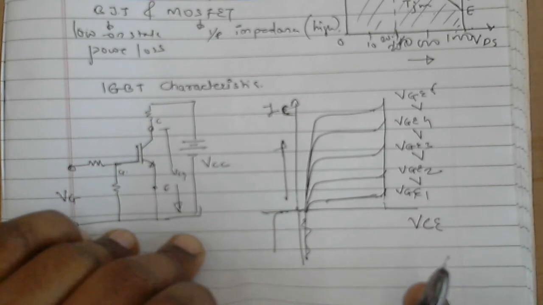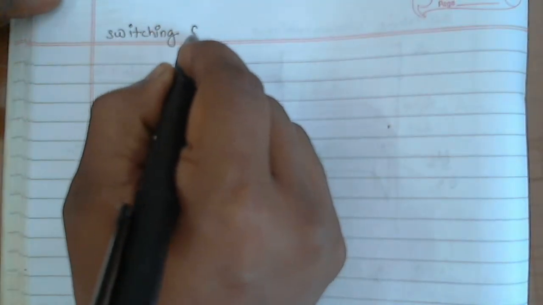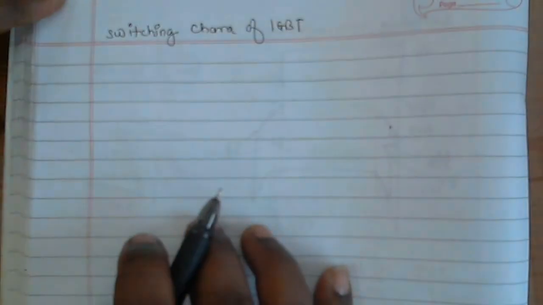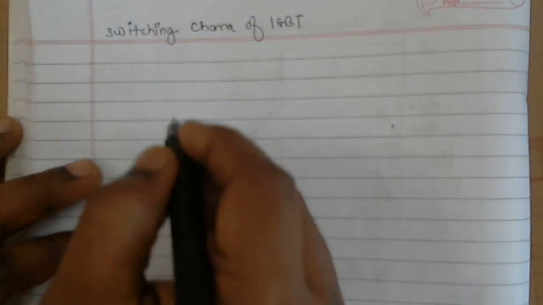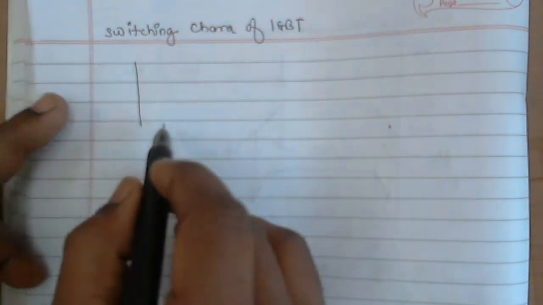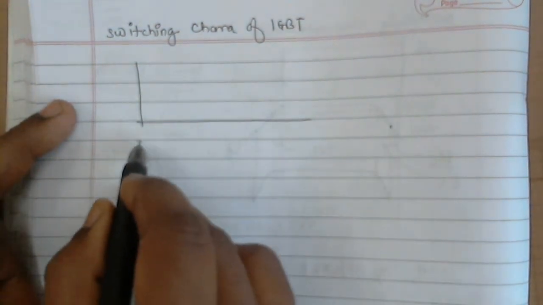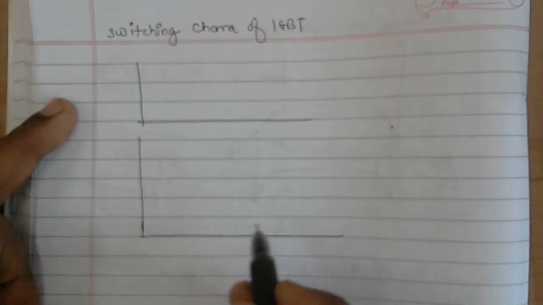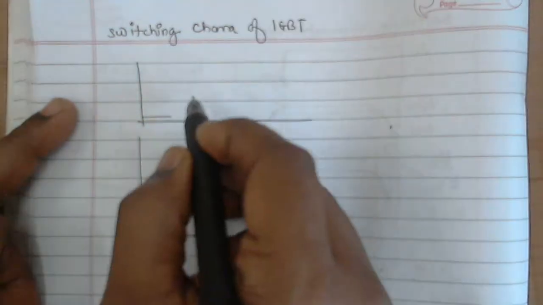Now one important point, that is its switching characteristics. So let's understand the switching characteristics of IGBT. Like a MOSFET, the switching characteristics of IGBT are also divided into several parts.